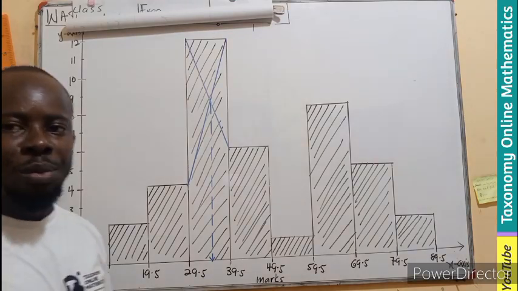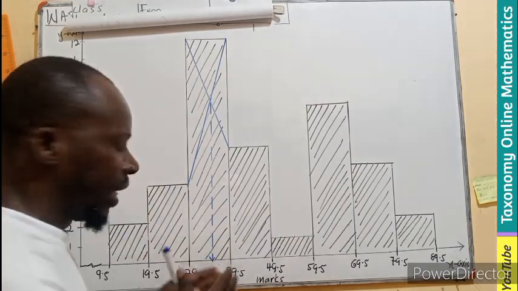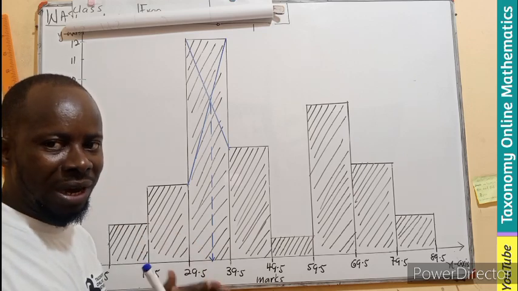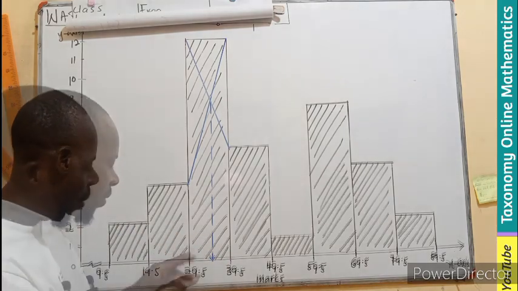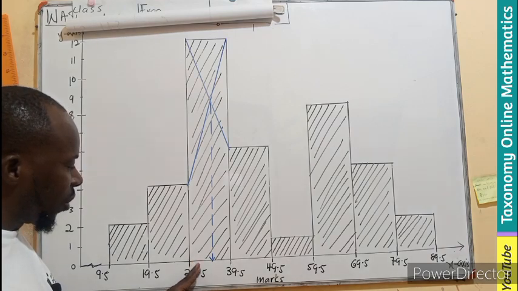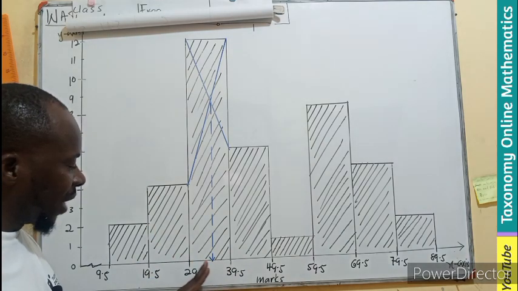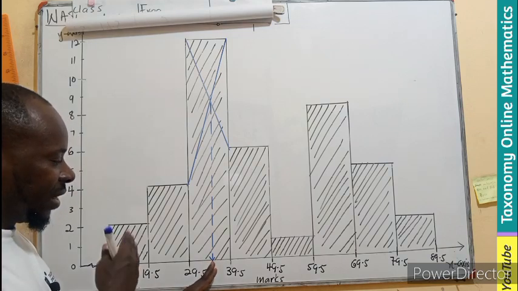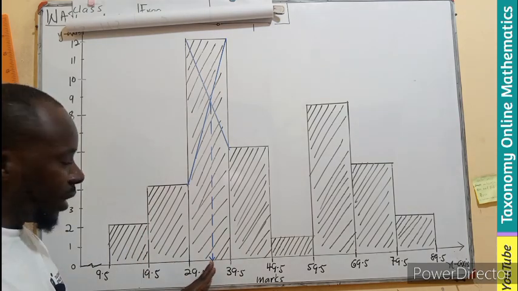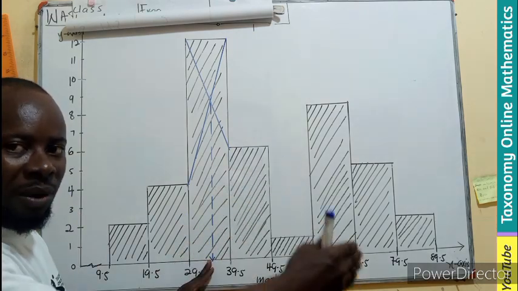Now remember, you will be using a graph sheet, so your counting will be accurate. I might not get the accurate measurement, but I can tell that from 29.5 to 39.5, it is a 10 interval, and the division where the line is shifted away from the middle. The middle would have been 5 added to this, or 5 taken away from this.